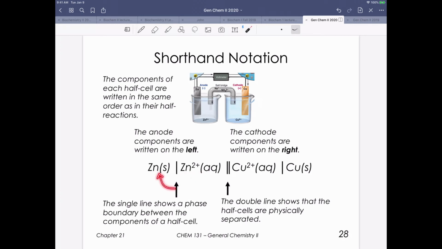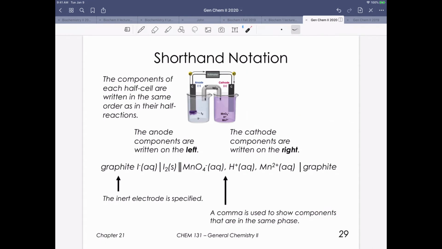Keep in mind that there's no distinction with what's written on the left or the right necessarily, but the line here indicates phase changes. Double lines tell us that we're separating components between our anode and our cathode. And so you might need to take information that looks like this and put it together into a voltaic cell diagram that looks like that.